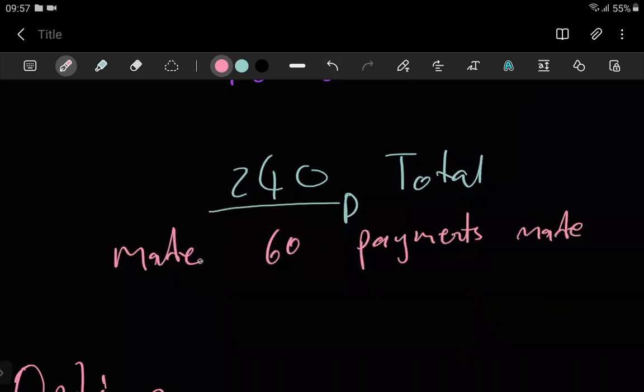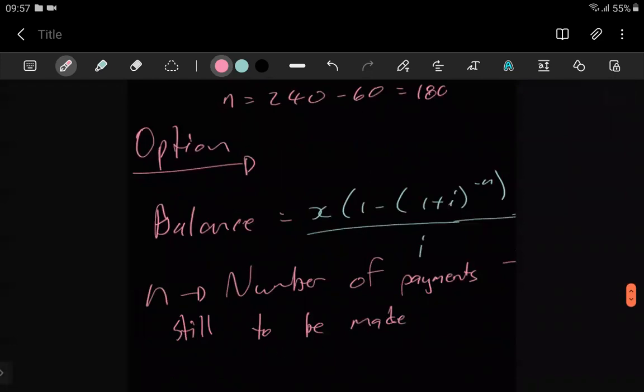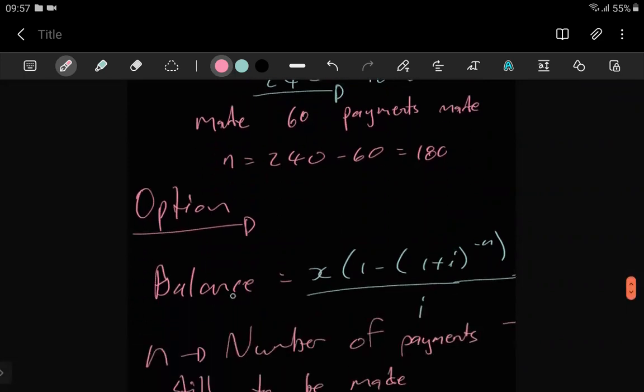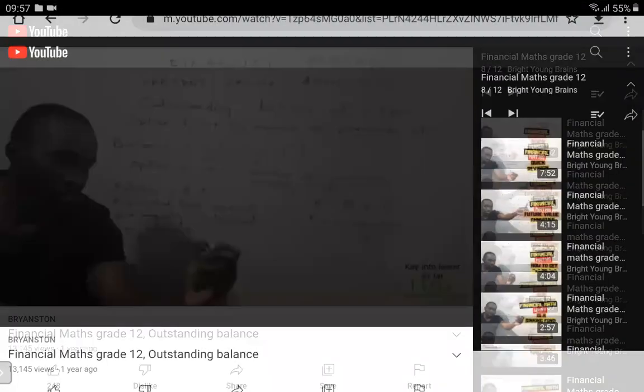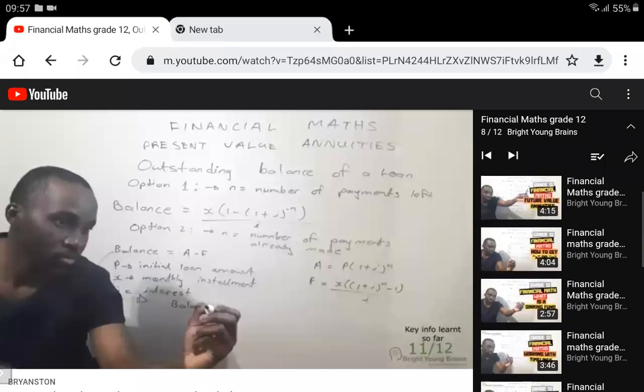You see, it means that your value of n will be equal to 240 minus 60, which is 180. So your n will be 180, because n is the number of payments still to be made. So if you need to make 240 payments in total and you had already made 60 payments, then to use this formula to get the balance, you will just use n as 180. You see, two options to do the exact same thing. Okay, that's good.